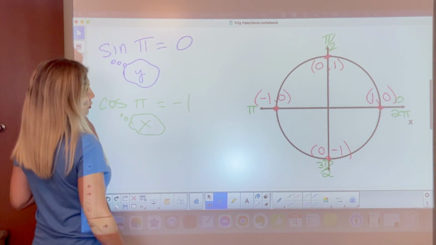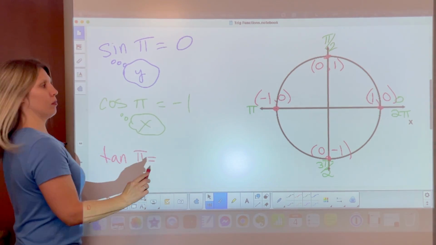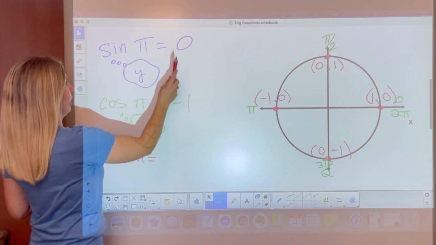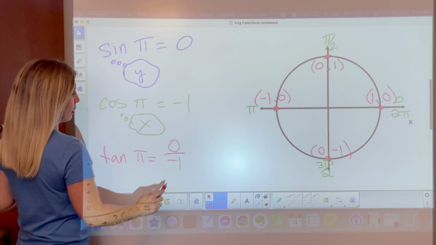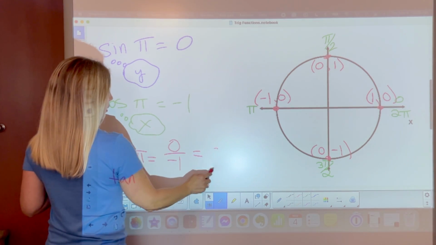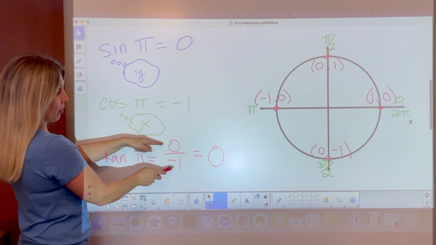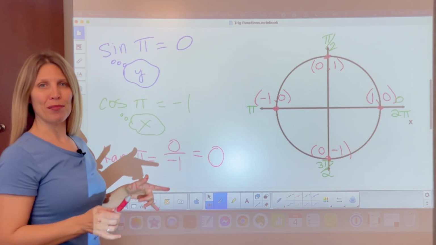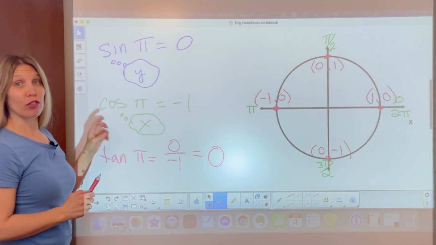Your x value is -1. And now we do tangent at pi. And remember, your tangent value is y over x. 0 over -1, which gives you 0. Because remember, 0 is on top, over some number, "on." Yeah, man, I'm on. I can do this. 0. Okay? So those are your 3 trig functions at pi.